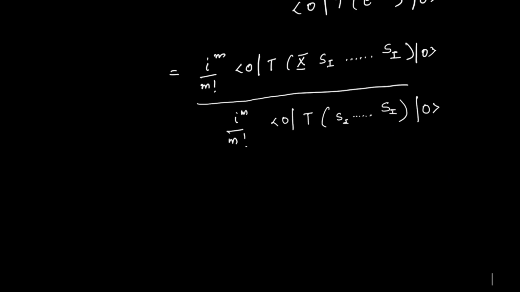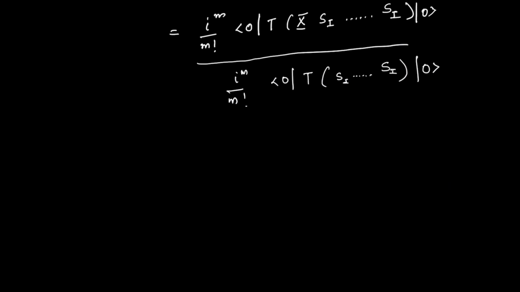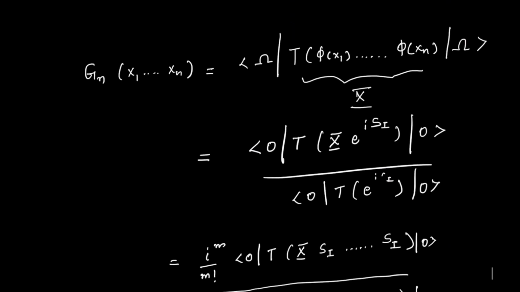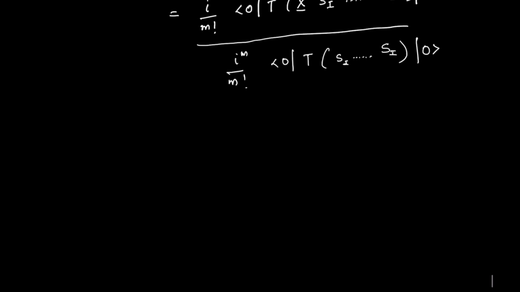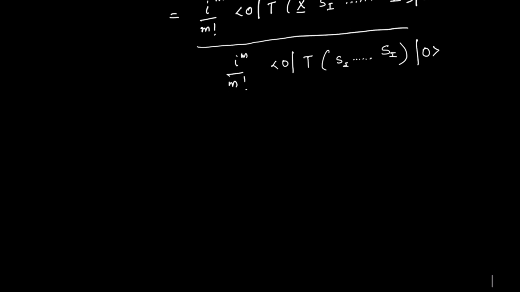So you have to be very careful here, because any diagram contributing to the numerator, okay, of this n-point function will have n external legs with m vertices.